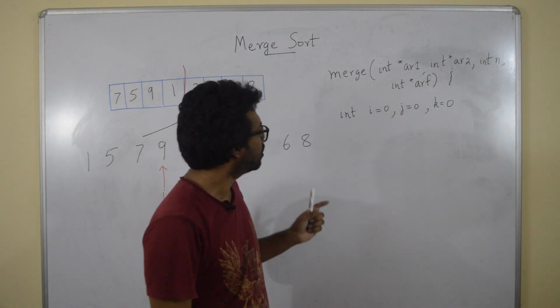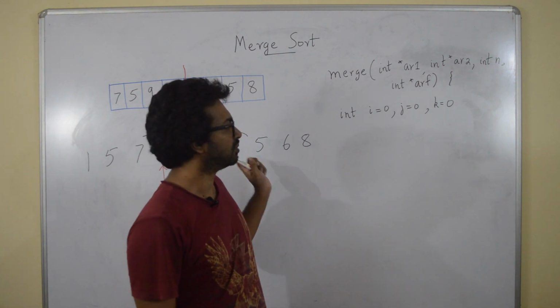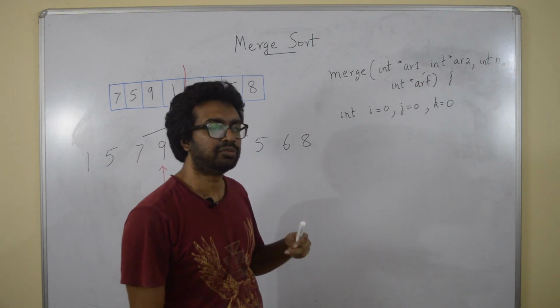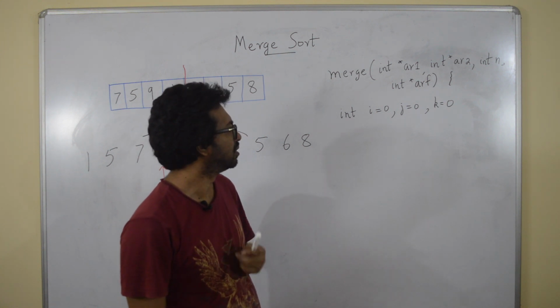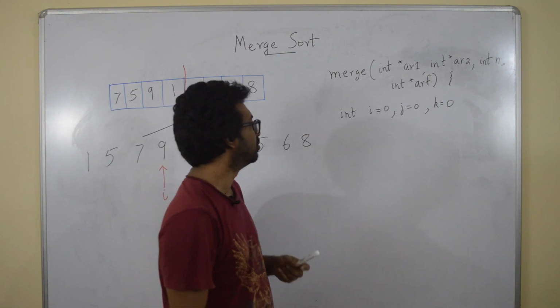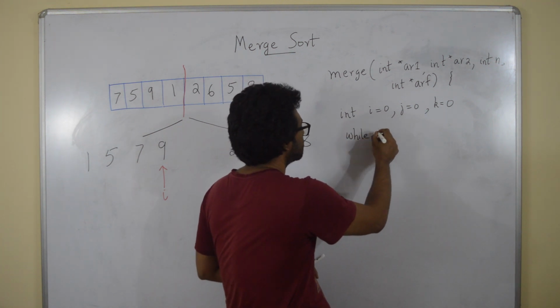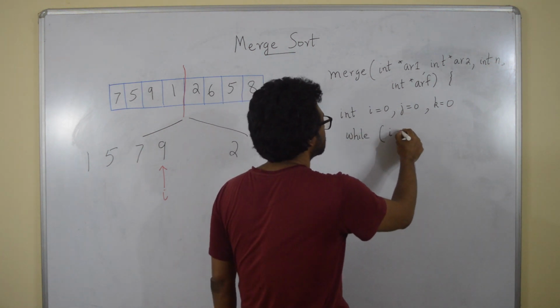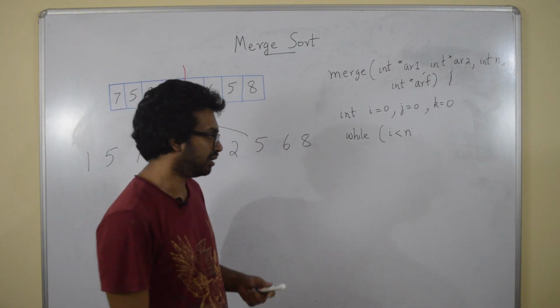Once I have this, what is the next thing I'm going to do? I'm going to write a while loop. What is the while loop I'm going to write? So i has to be less than n.